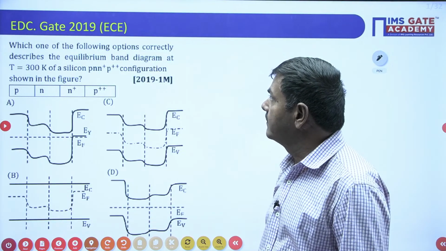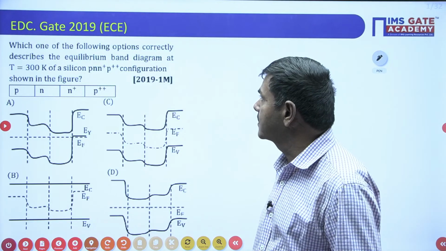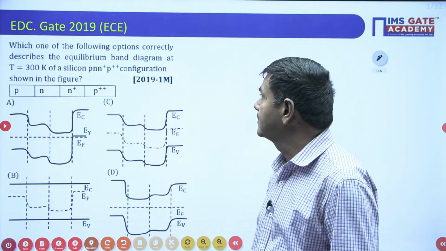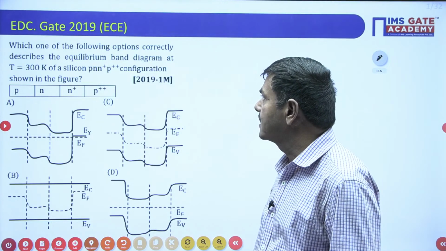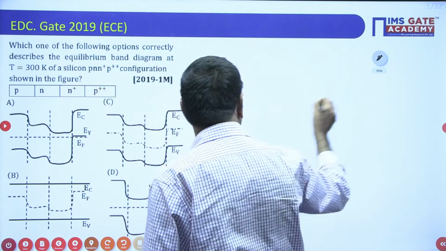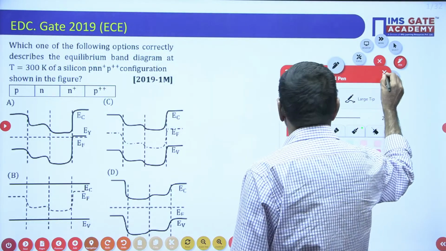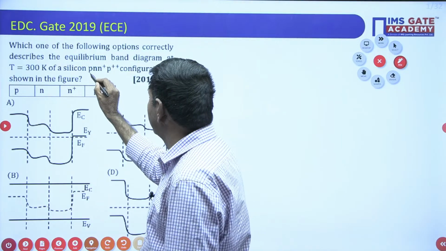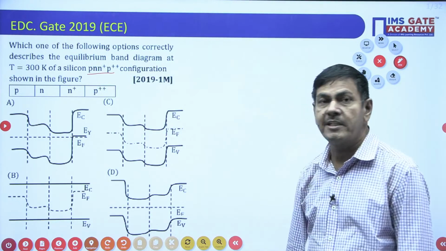The question given here is: which one of the following options correctly describes the equilibrium band diagram at T equal to 300 Kelvin of a silicon PN n plus and p double plus configuration shown in the figure?